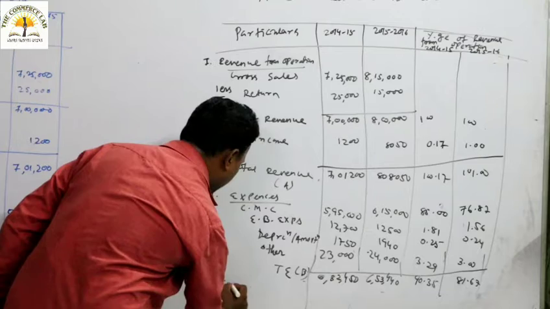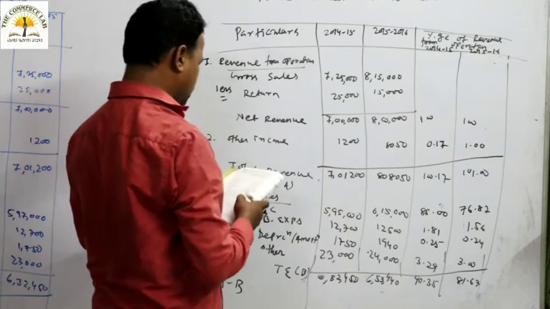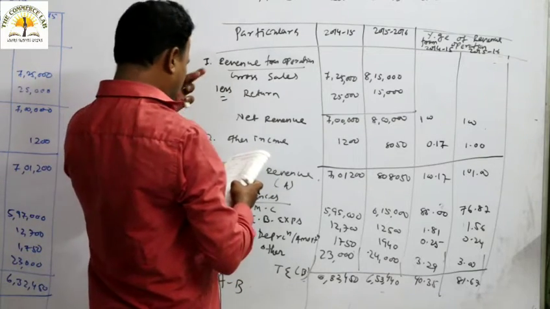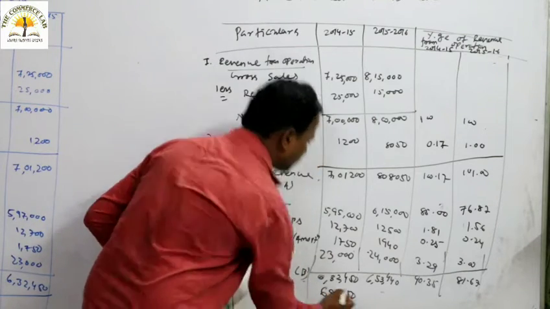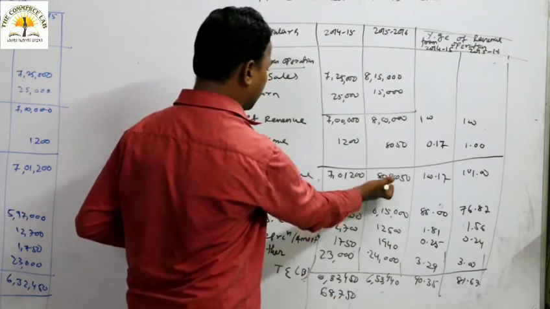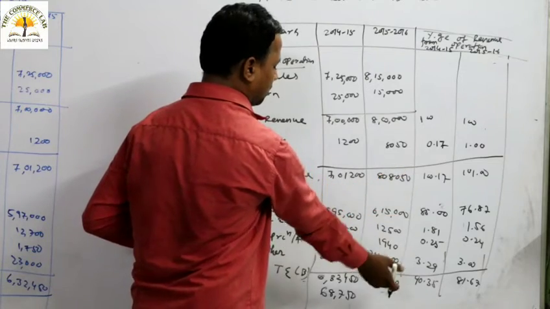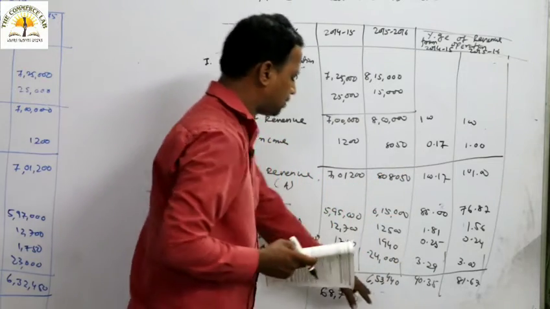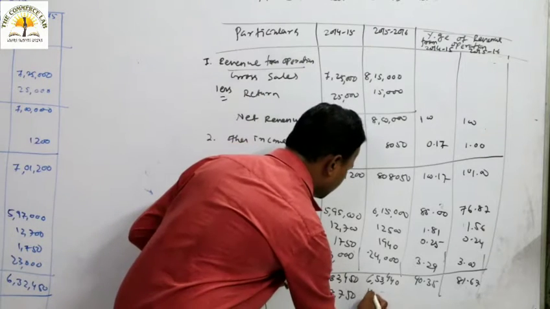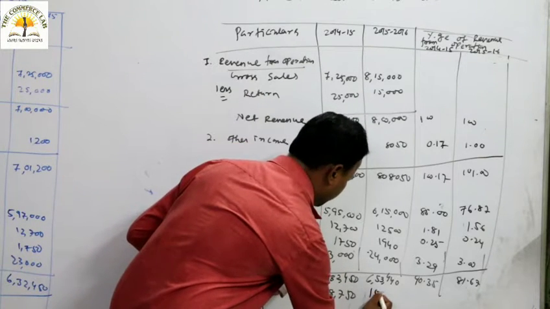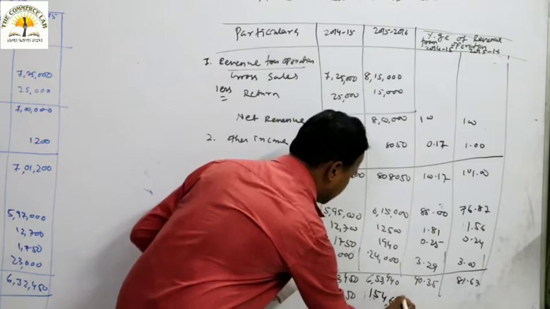So how to get profit? A minus B. A minus B gives you the profit. So how much is it coming? The total revenue is 7,01,200 and 8,08,050, from which we have to deduct 6,32,450 and 6,53,440. So 68,750 and 1,54,610.